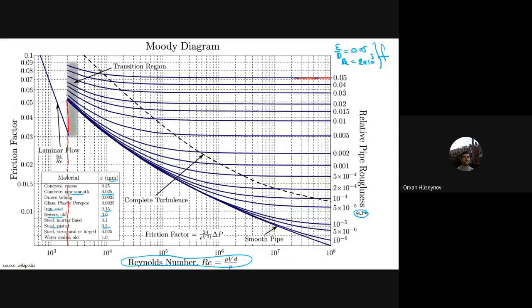With that Reynolds number, that is the Reynolds number, and that is the 0.05. You can go with that line here and intersect.